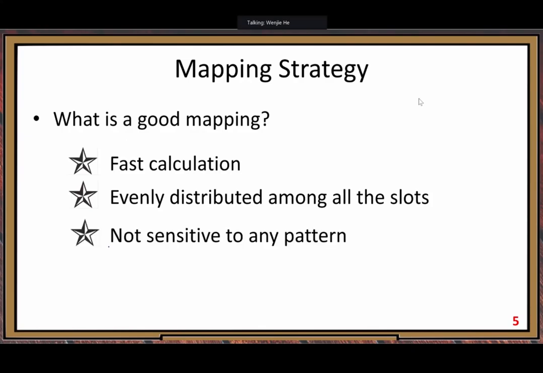Another property for a good mapping strategy is not being sensitive to any pattern. Sometimes the search keys may have some special pattern, but your mapping strategy should be robust enough to overcome those special patterns.